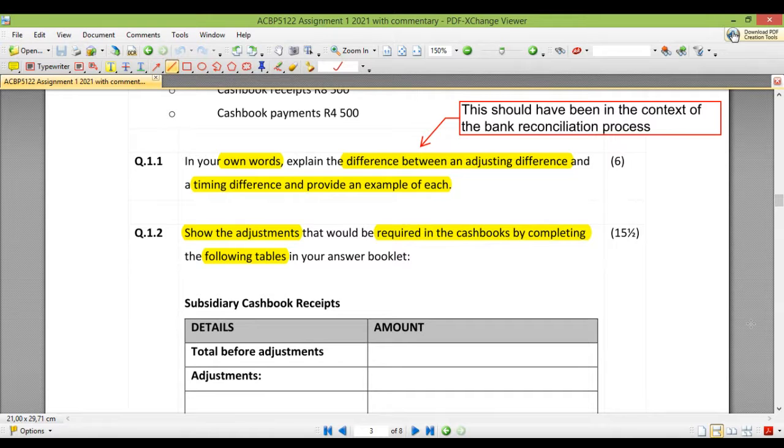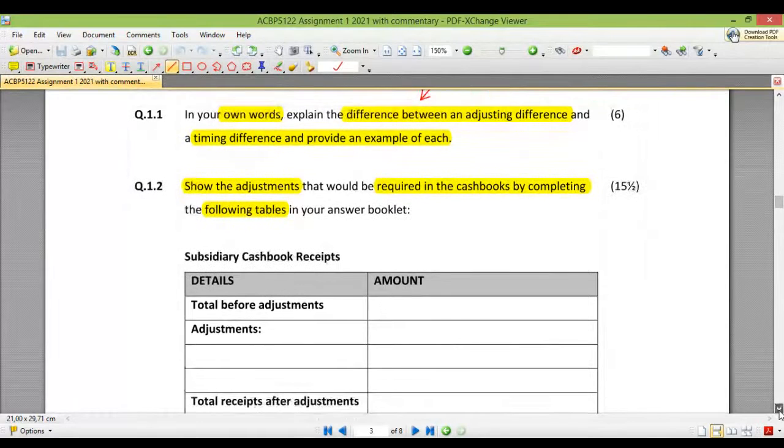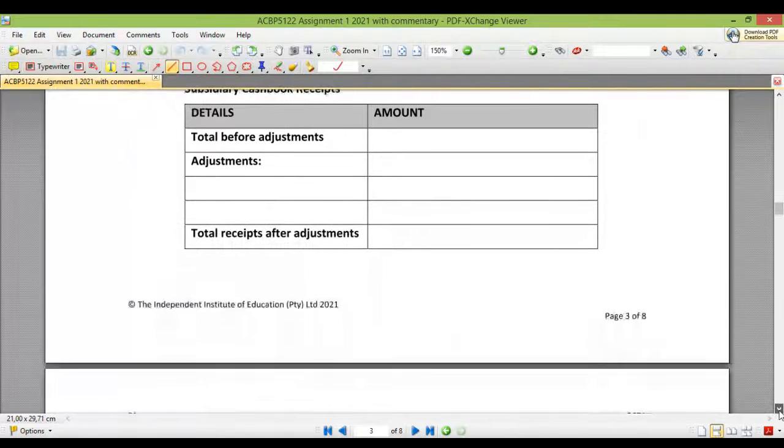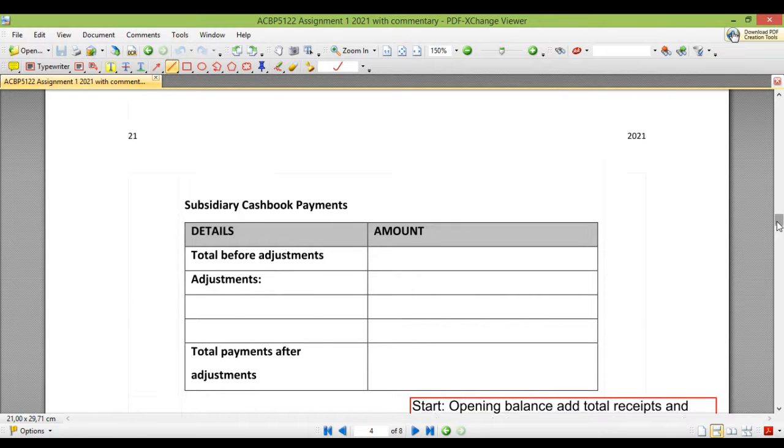Then the second part, you had to do your subsidiary cash book receipts and your subsidiary cash book payments, where you had to give the amount before the adjustments and show the adjustments. Now in this question, students got confused between what should be included on your cash book payments, what should be on your cash book receipts, and what should be on your bank reconciliation.